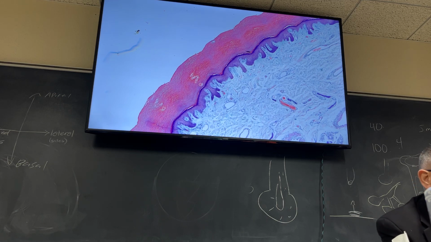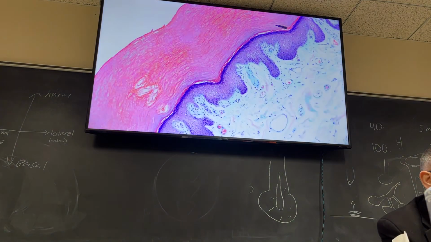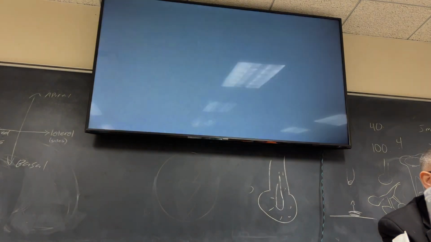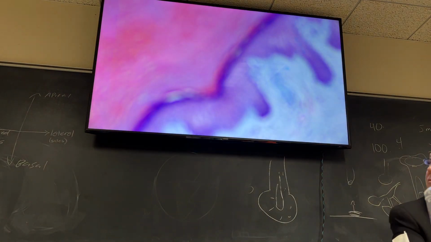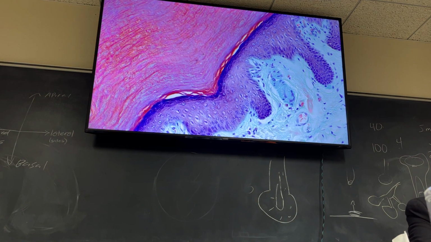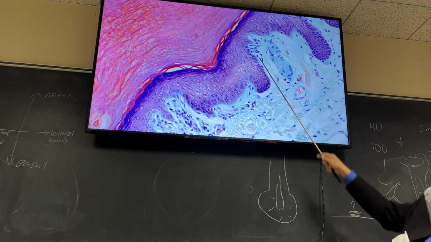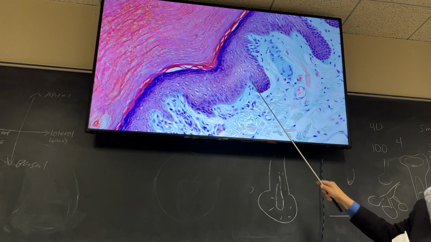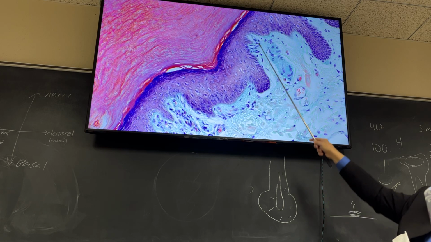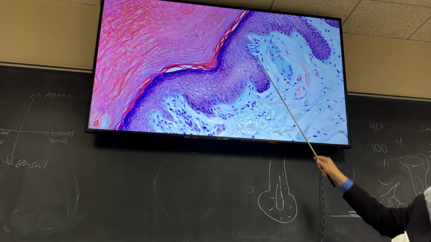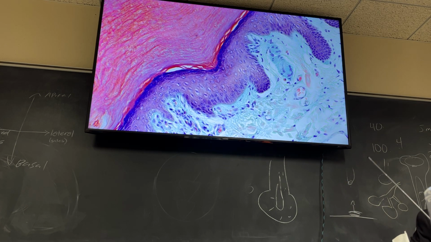And so, very simply, let me zoom in just a little bit so you can see a little bit better. So, dermal papillae, epidermal ridges, right? Dermal papillae go up into there, and epidermal ridges come down into here, right? Easy peasy, right? All right.